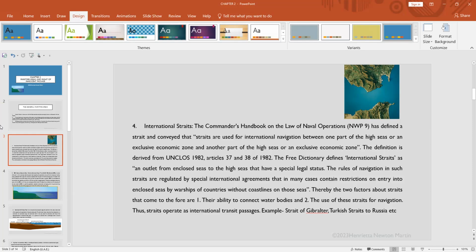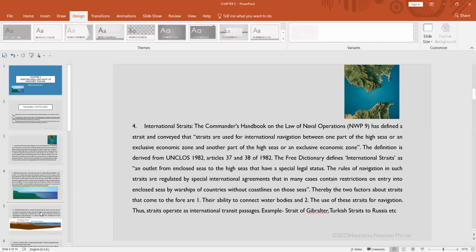Thereby, two factors come to the fore about straits: one is the ability to connect water bodies, and two is the use of the straits for navigation. These are the two predominant features of straits. Therefore, straits operate as international transit passages as well. For example, you have the Strait of Gibraltar, the Turkish Straits, and so on.